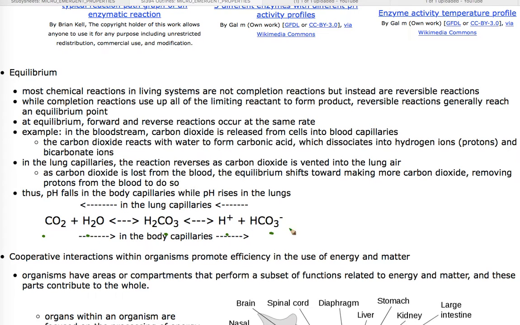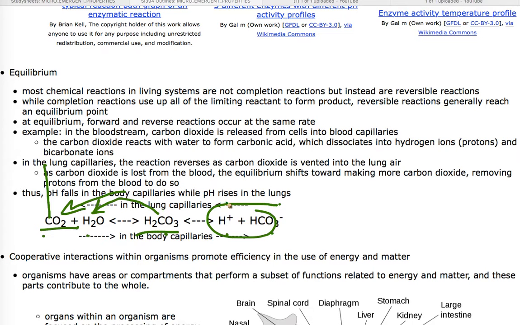When the blood with protons and bicarbonate ions reaches your lungs, suddenly this drops because in the lungs carbon dioxide is being exhaled. That causes these two to react together to form carbonic acid, which in turn reacts to form water and carbon dioxide, which is then being exhaled in the lungs.